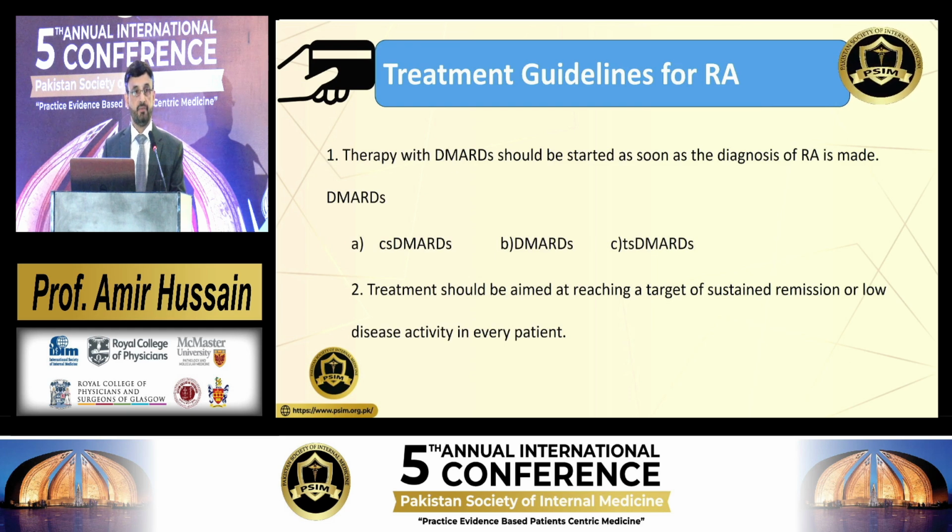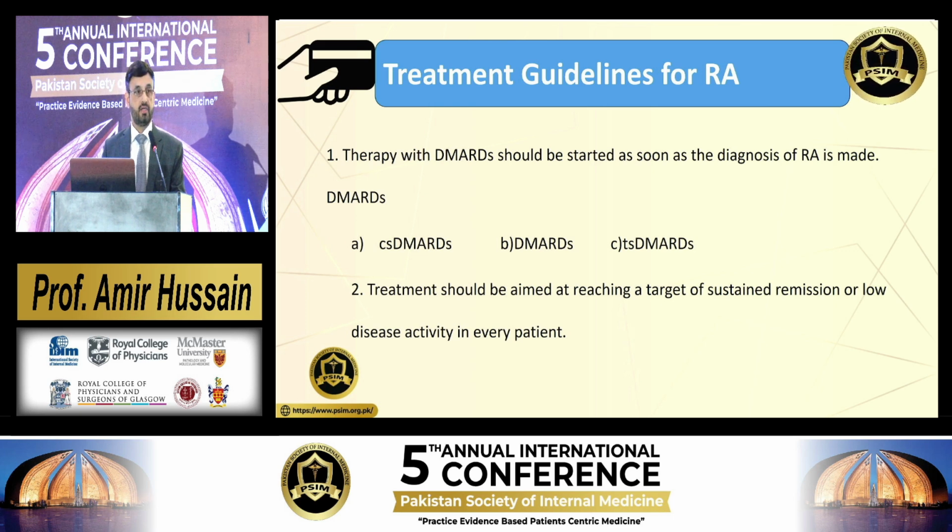Therapy with the DMARDs should be started as soon as the diagnosis of RA is made. We have 3 types of disease-modifying drugs, that is the conventional ones, the biological DMARDs, and the targeted synthetic DMARDs. As you know, the conventional DMARDs are methotrexate, sulfasalazine, hydroxychloroquine, and leflunomide.